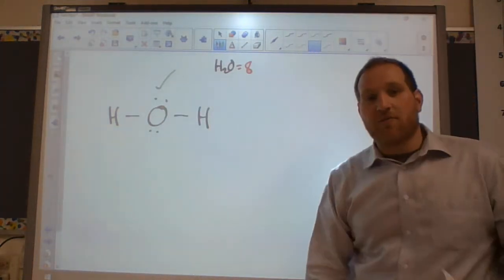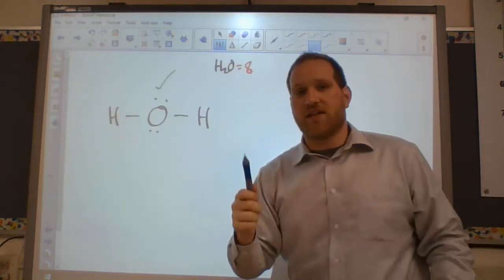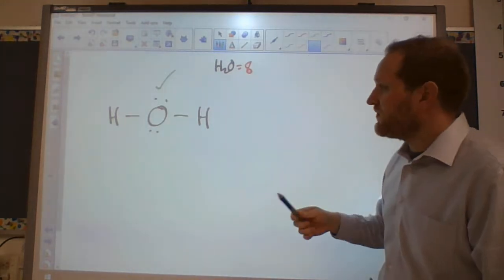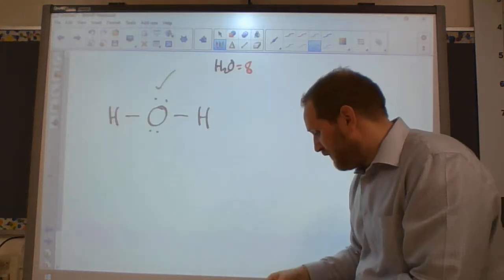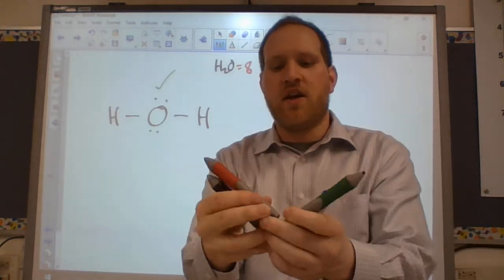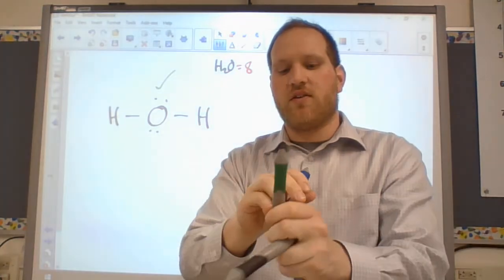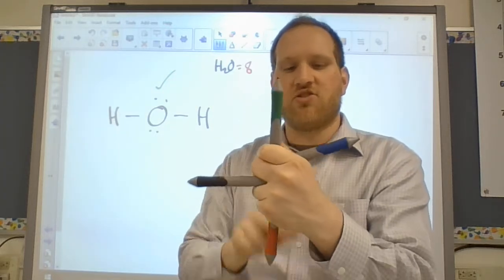Now what's the geometry of this? At first glance you might say linear, because look, it goes straight across, but that's not right. You're not thinking 3-dimensionally. There are 4 electron regions coming off that O. So if I had 4 markers in my hand, and these markers all hate one another, they're not going to naturally arrange themselves in a cross pattern. You're thinking 2-dimensionally.